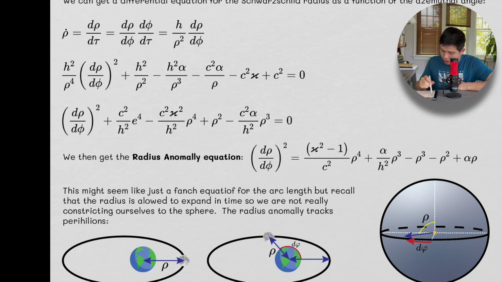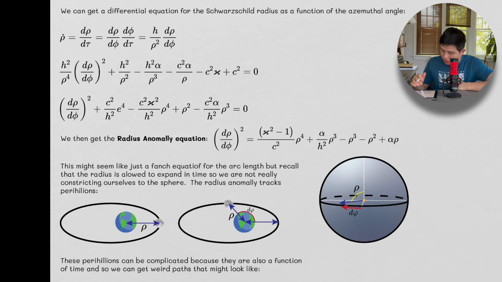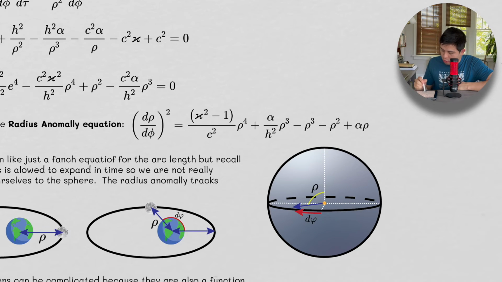Then we can do a little bit of, again, canceling, and we get this guy right here. And lo and behold, we bring things to the other side of the equation, and we can get an equation.